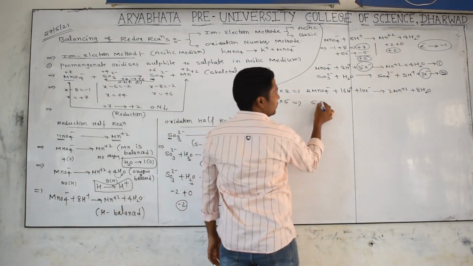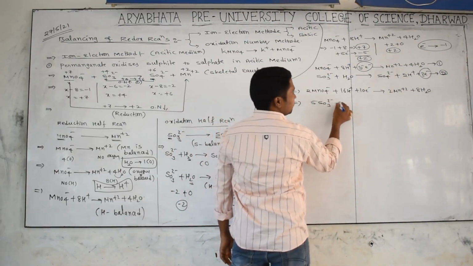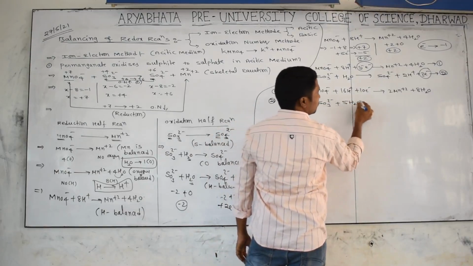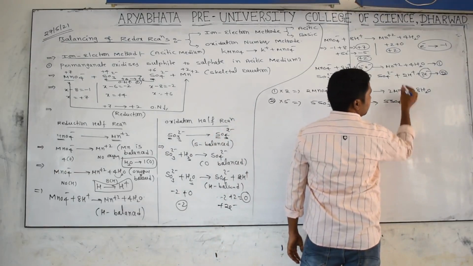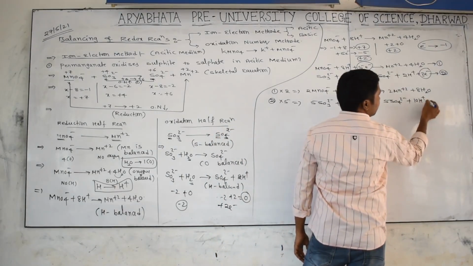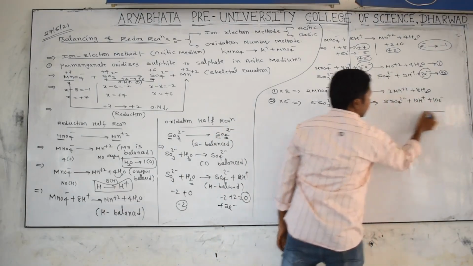What are we getting? 5SO3 2 minus plus 5H2O gives rise to 5SO4 2 minus plus 5 2s are 10H plus plus 10 electrons.